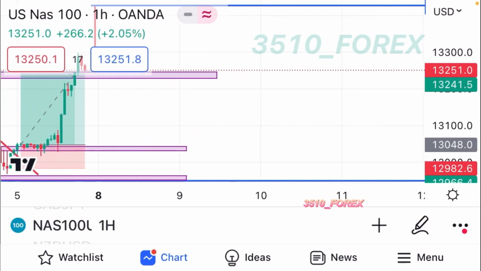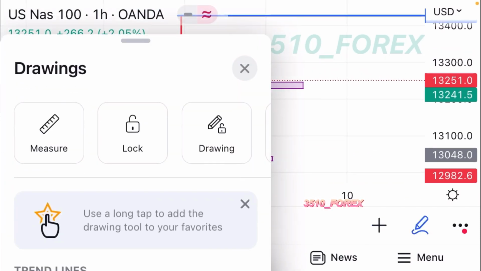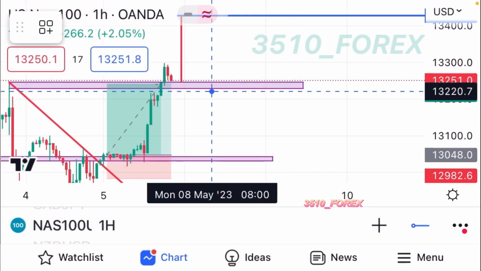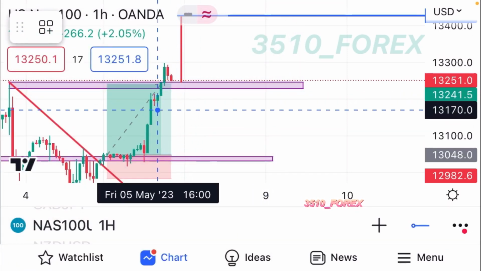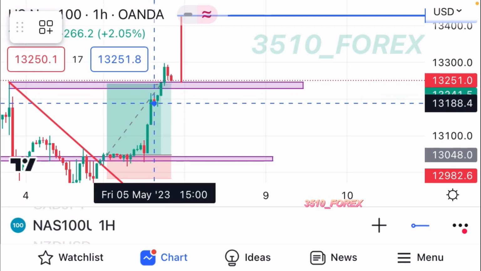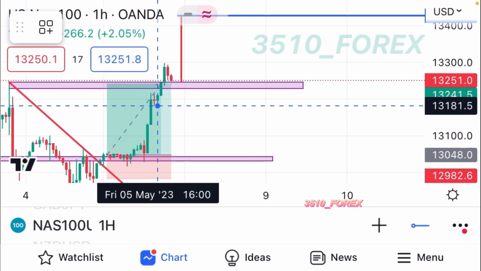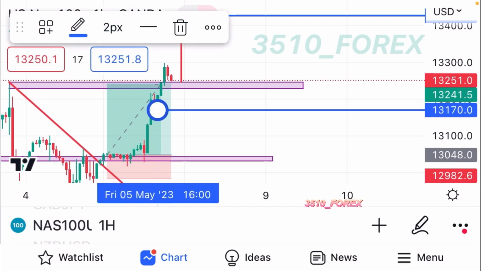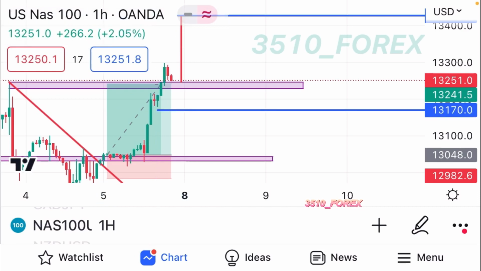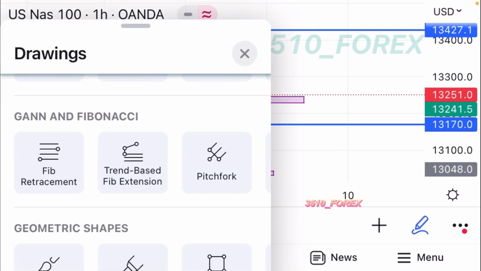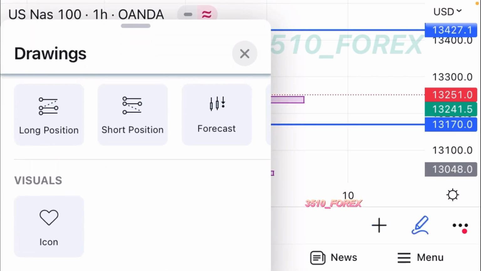All right, so this is where I have my previous pullback right there. You see the chart did have a pullback here, so I'll place my stop loss there, but let me go down a bit, then boom, that will be my stop loss, and my take profit is there at the top.